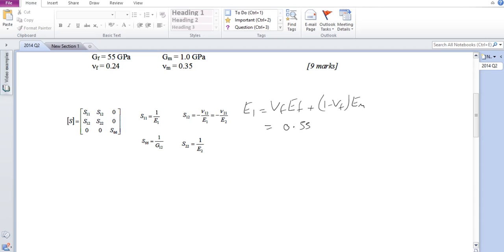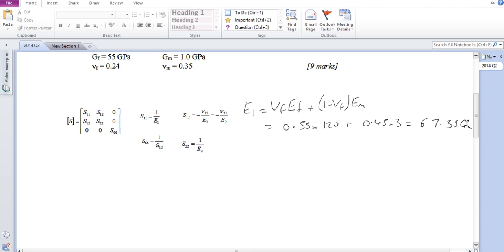VF is 0.55, EF, the fibre stiffness, is 120, 1 minus VF will therefore be 0.45, and the stiffness of the matrix is 3. If you work that out, it comes to 67.35 gigapascals.